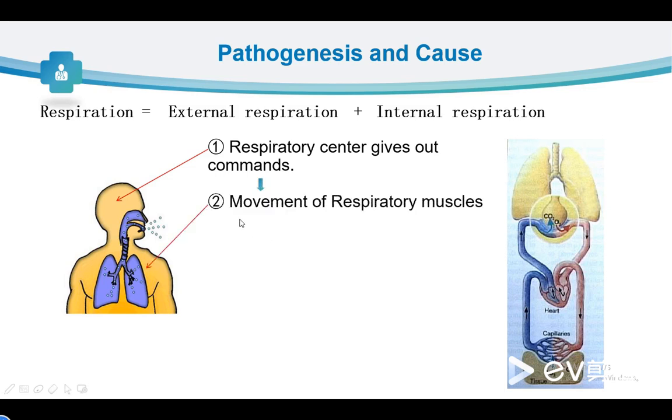which can result in the movement of the respiratory muscles. In this condition, there will be a negative pressure in the thorax, and it will cause the air to move in and out of the body. That's the air ventilation.